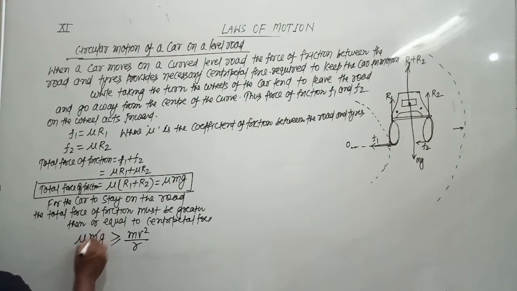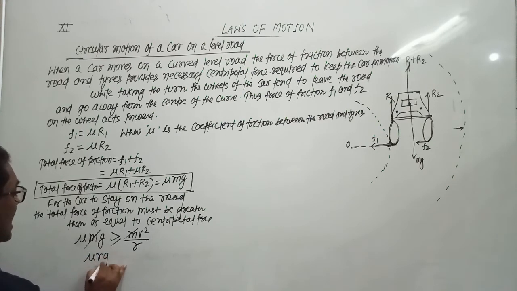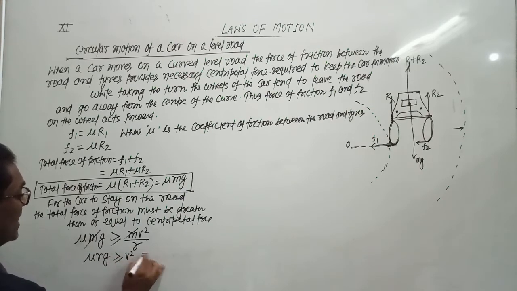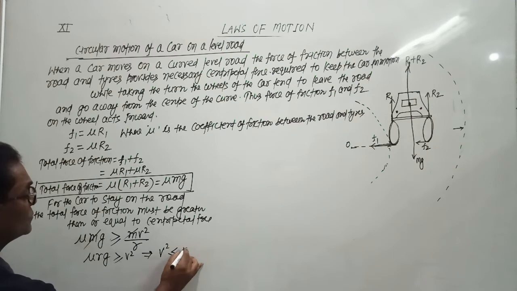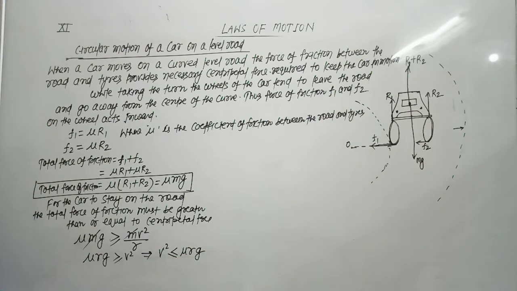From both sides m gets cancelled, so mu rg is greater than or equal to v square, and v square should be less than or equal to mu rg.